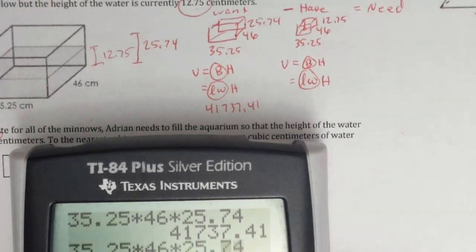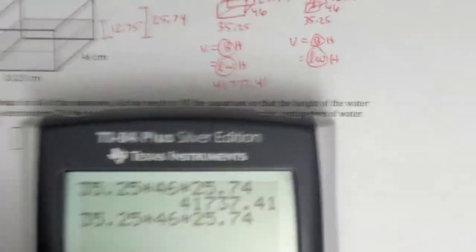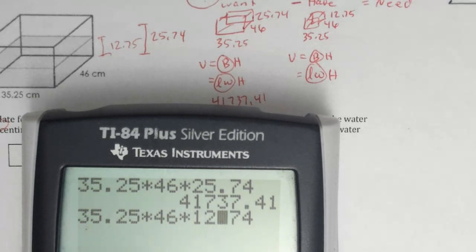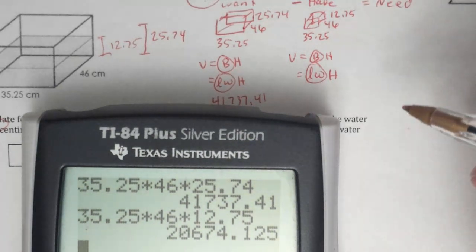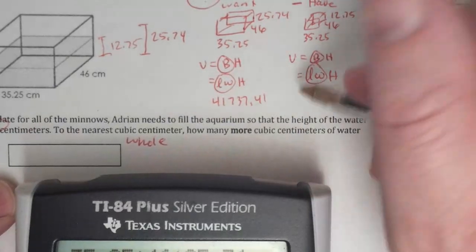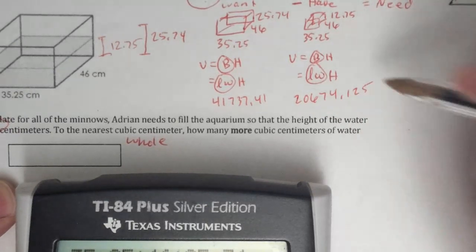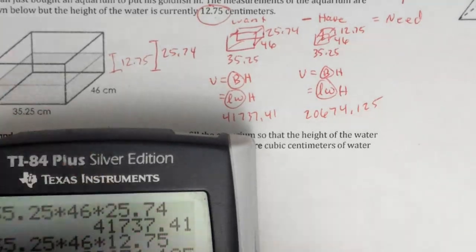And on this other one, it's 35.25 times 46 times, and our height this time is 12.75. And we have 20674.125. All right, fabulous.